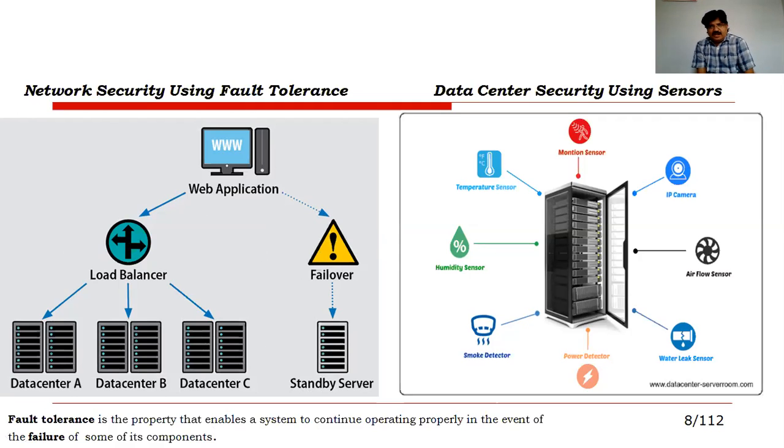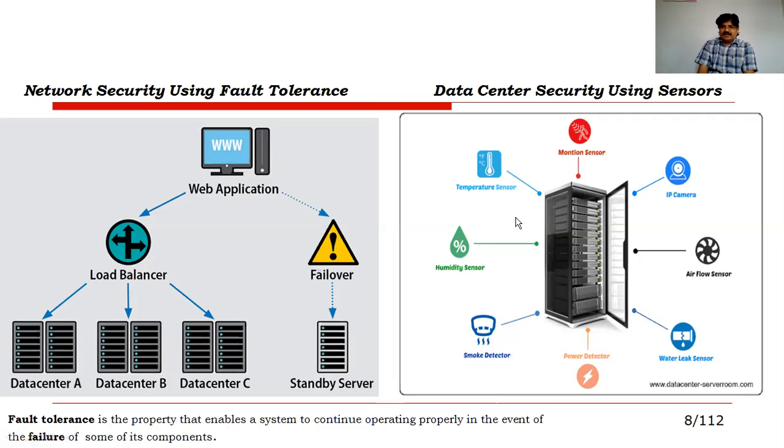So that means we can provide the security to the data centers with the help of the fault tolerance concept by applying security to the networking concept here. Fault tolerance is the property that enables a system to continue operations without any disturbance in the event of failure of some components within the system.